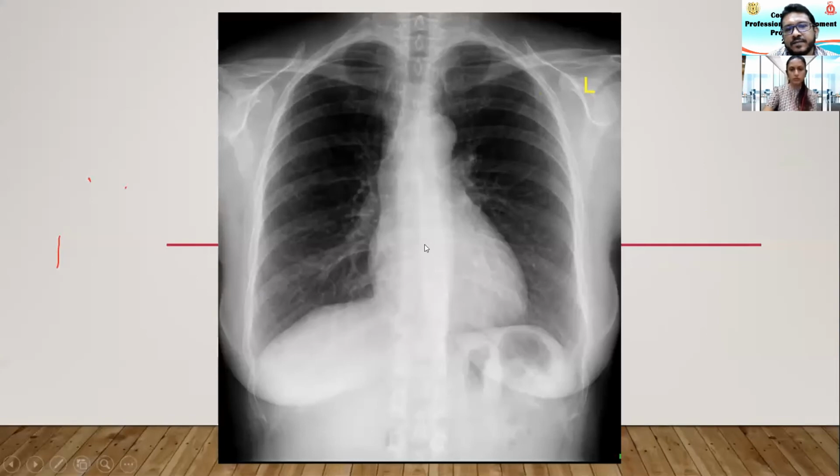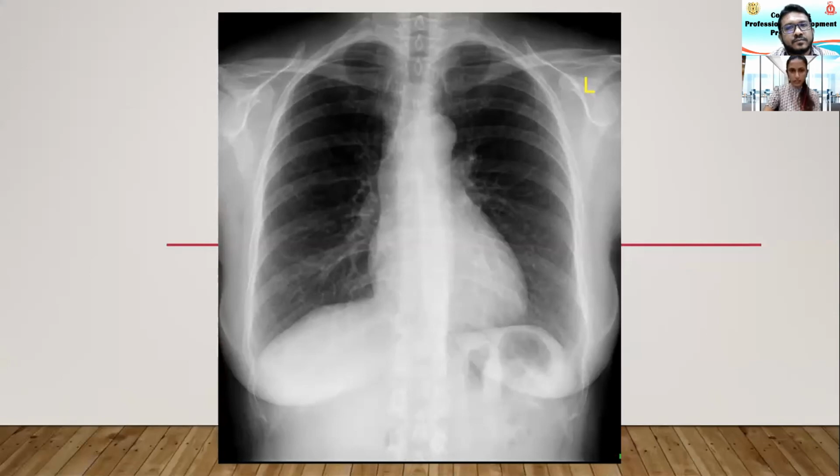So you measure from the spinous process to the longest distance on the left side, and the widest from the spinous process to the right side. You add those two and divide by the intrathoracic distance, which gives the cardiothoracic ratio, which should be less than 50%. That can be done only in a PA view, not an AP view. In AP views, you will anyway have some sort of apparent cardiomegaly because the heart is away from the X-ray film.